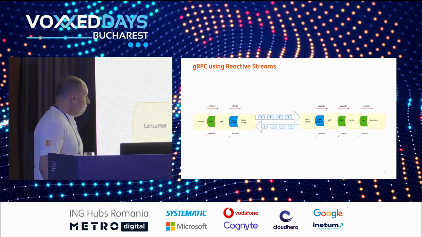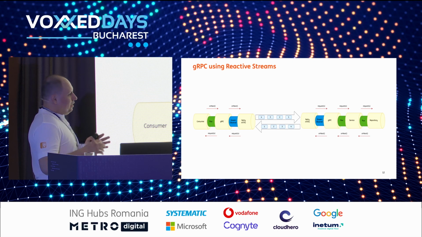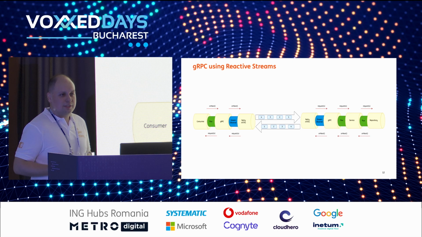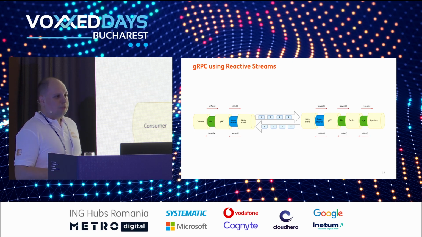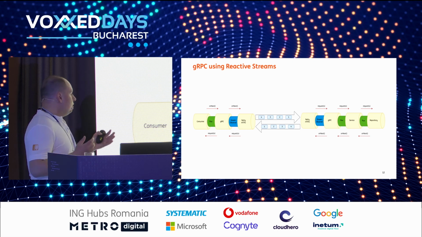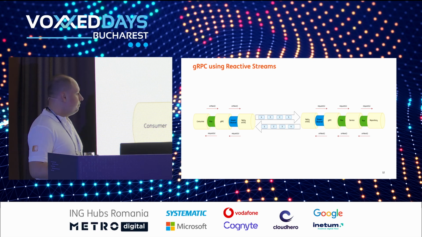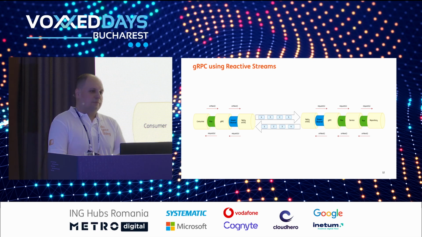Starting from the consumer side, imagine that we want to request something from the database, let's say some stock prices. I know my indexes, and for those indexes I want to get back my stock price. So I'm going to create a list of the indexes that I want to send to the server, using a reactive stream, let's say a Flux. In this situation, we are using the Reactor implementation.